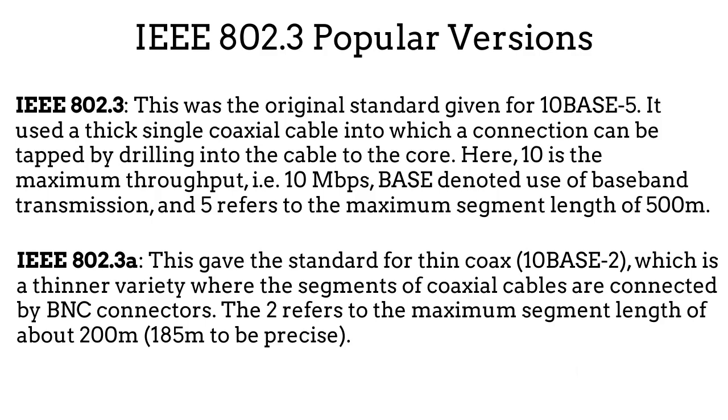And the next version is IEEE 802.3a. This gave the standard for thin coax 10 Base 2, which is the thinner variety where the segments of coaxial cables are connected by BNC connectors. The 2 refers to the maximum segment length of about 200 meters, or 185 meters to be precise.